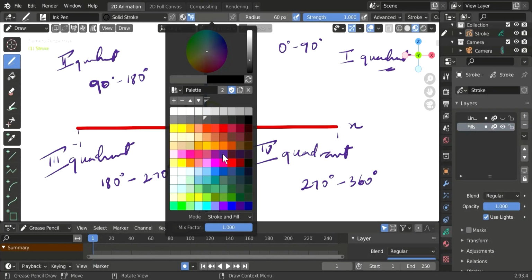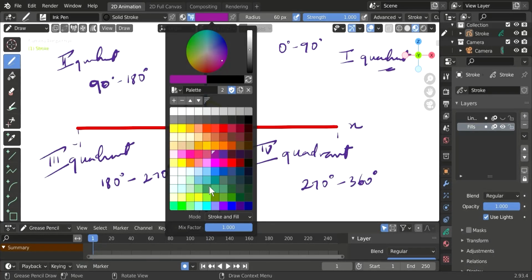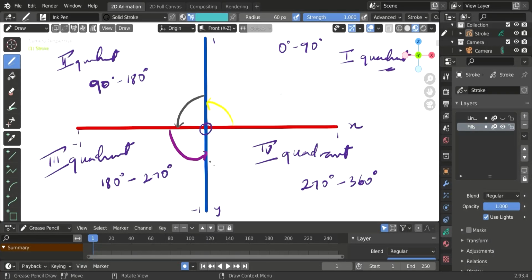You have gone from 180 degrees and you have traveled to 270 degrees. And then lastly, you've gone from 270 degrees, you've traveled to 360 degrees. A full circle. So this is 0 to 90 degrees, 90 to 180, 180 to 270, and 270 to 360.